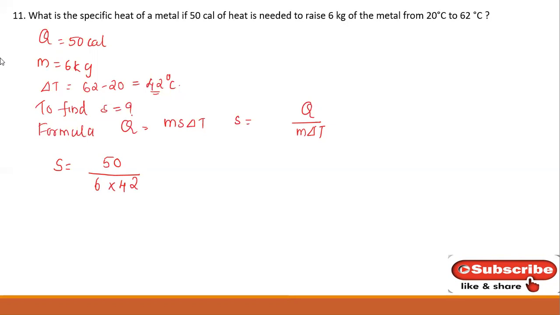On solving this, we can cancel this, and we get 25 upon 3 into 42. On solving this, we will get 0.198 calorie per kilogram degree Celsius. This is the answer for the specific heat of the metal.